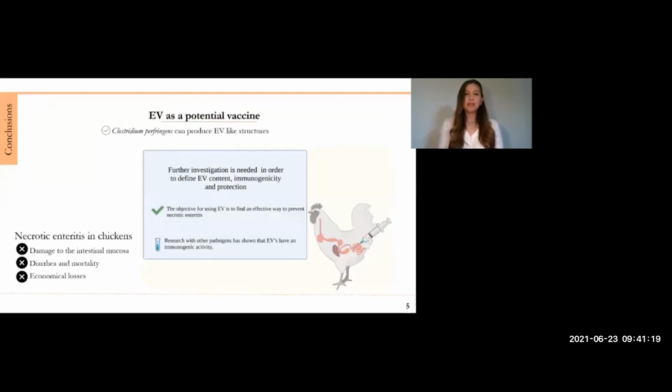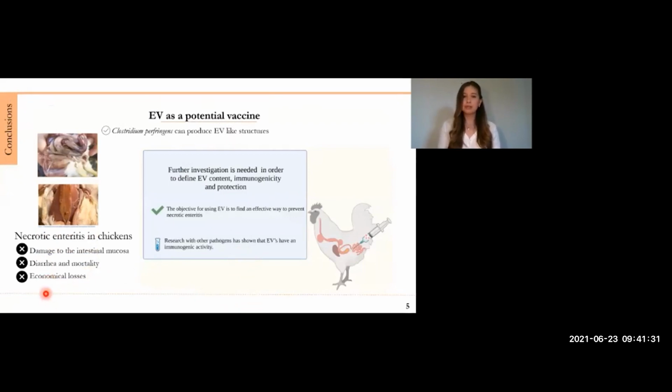To sum up, Clostridium perfringens is the main causal agent of necrotic enteritis in chickens, damaging the intestinal mucosa and causing diarrhea and mortality, which lead to economic losses. It is therefore important to find an alternative against the pathogen. We have demonstrated before that this bacterium is able to produce EV-like structures.